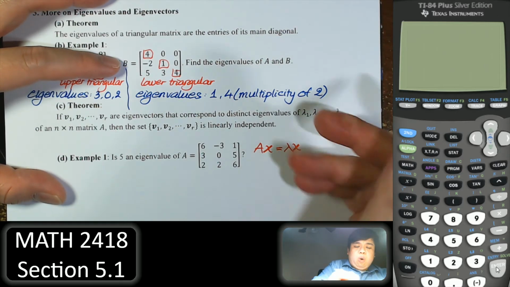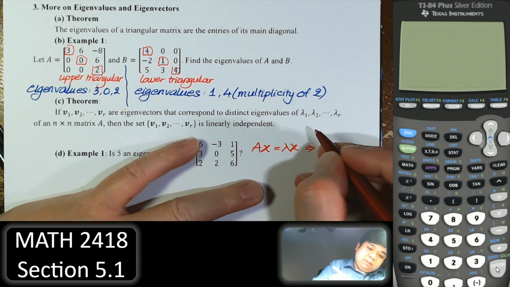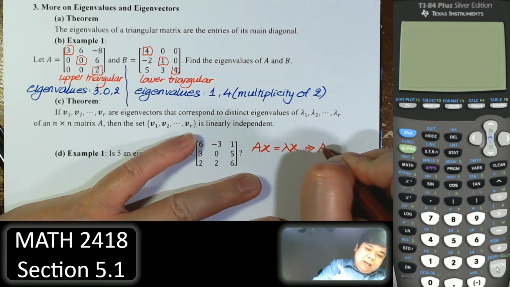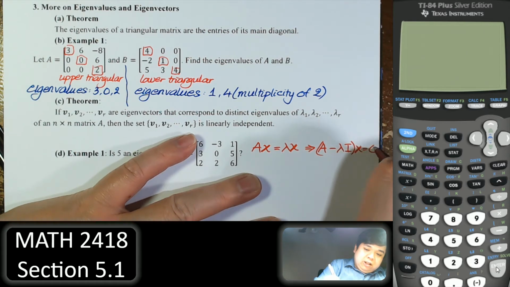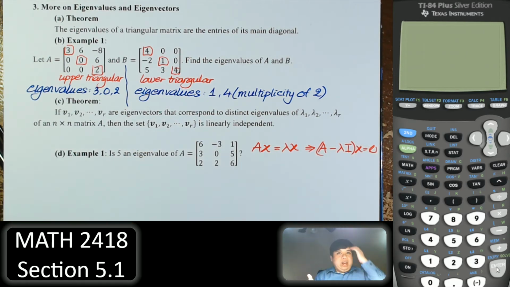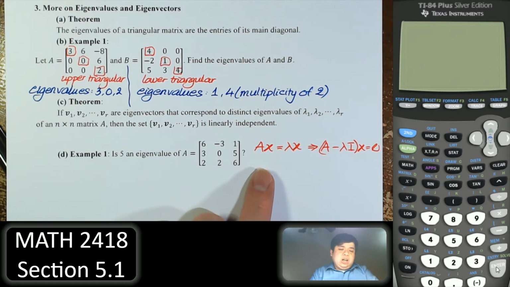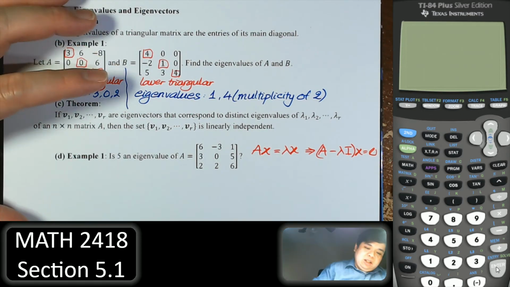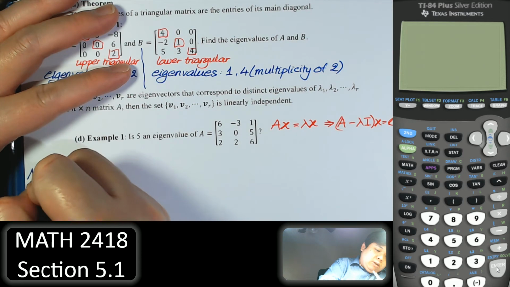Either that, or we can move everything to one side and have A minus lambda I times x equal to the 0 vector. That's the only thing we have, one of those forms. So we just test with the left-hand side.